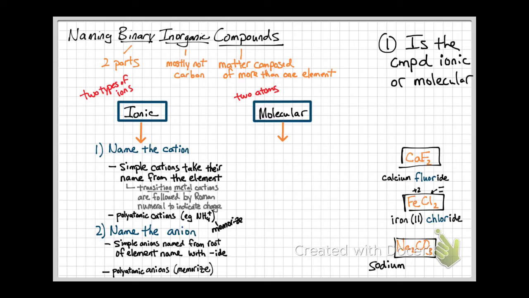It is a polyatomic anion, and we simply have to memorize the name. This one is called carbonate. You'll find that in a table of polyatomic anions in your textbook. So we write carbonate, and that's it. Now we've named 3 ionic compounds using this simple set of rules for naming them.